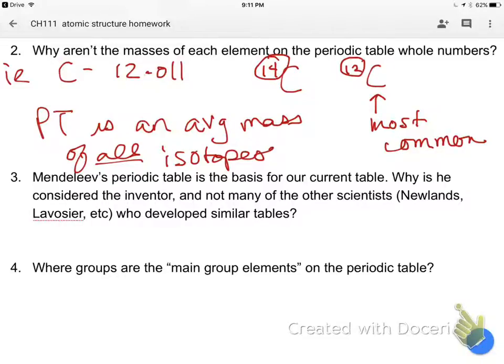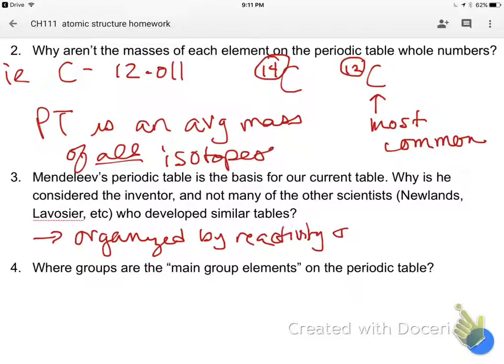Mendeleev's periodic table is the basis for our current periodic table. Why is he considered the inventor and not many of the other scientists? We talked about de Chancourtois and Newlands, and also there's another guy, Lavoisier, that all had different kinds of periodic tables before him. The reason that Mendeleev gets the credit is that he organized it by properties, like reactivity and density and all these different things.